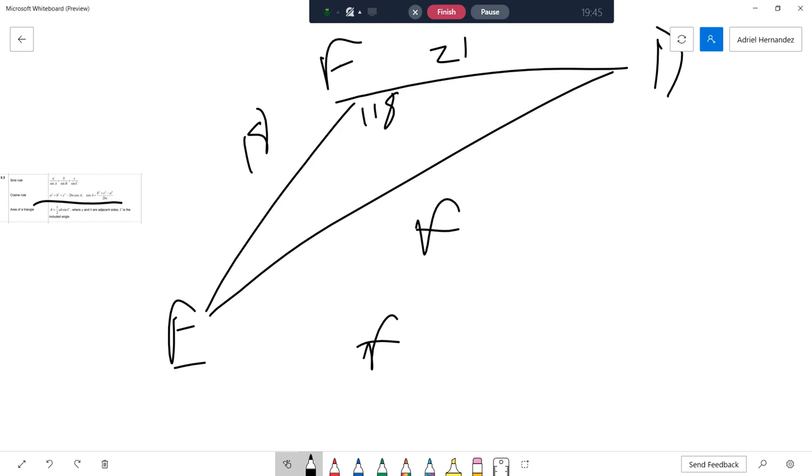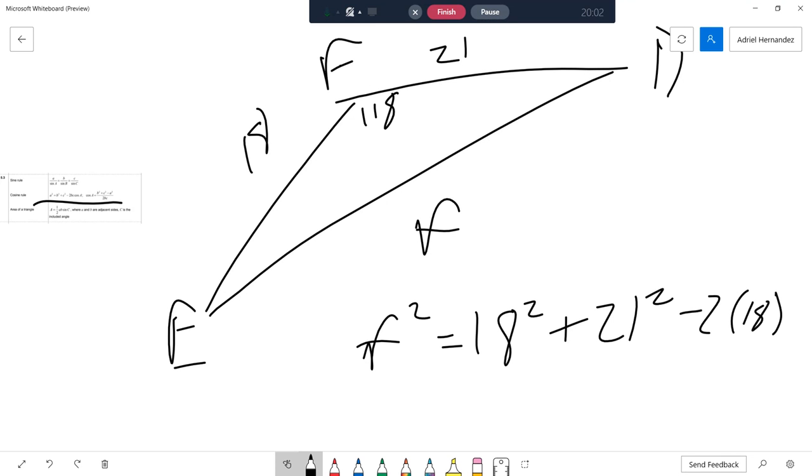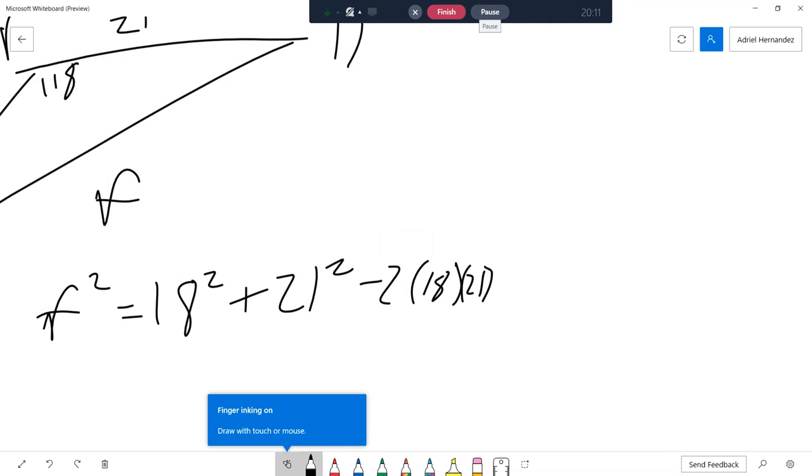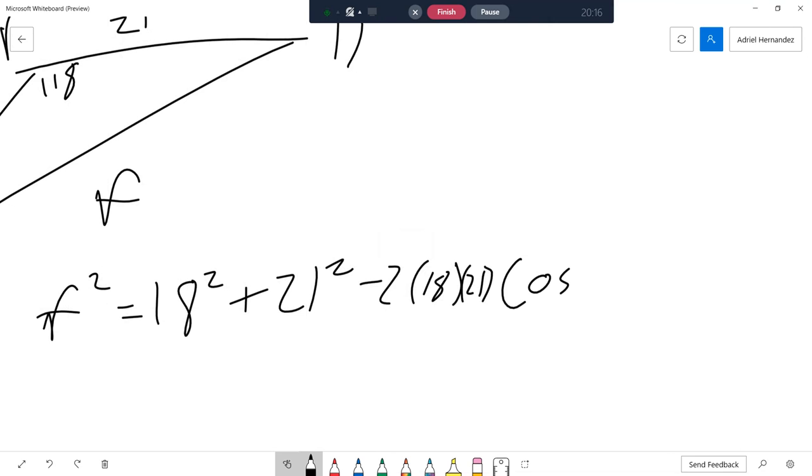So we're going to have F squared equals 18 squared plus 21 squared minus 2 times 18 times 21 times cosine. Make sure you use cosine. Personally, I've used sine sometimes by accident, and it just messes up my entire problem.